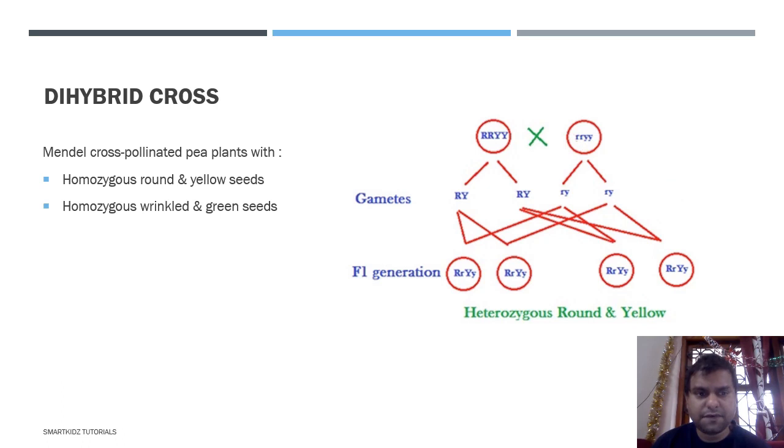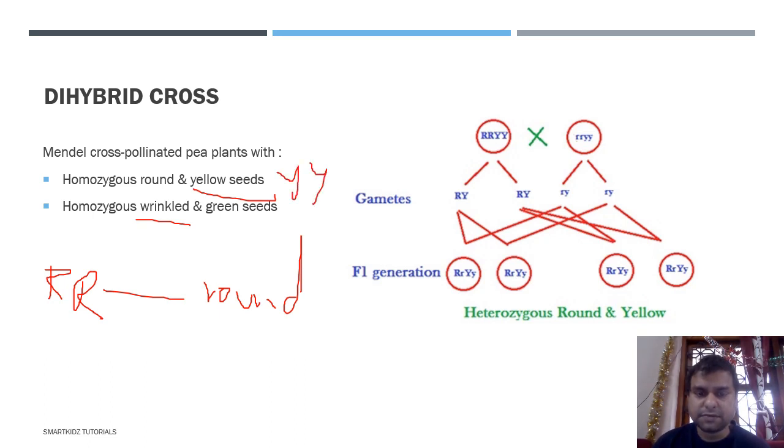So here we have capital R and capital R, which signifies that the seeds were round, whereas the small r signified that they were wrinkled seeds, and yellow seeds were capital Y, whereas green on the other hand were small y.